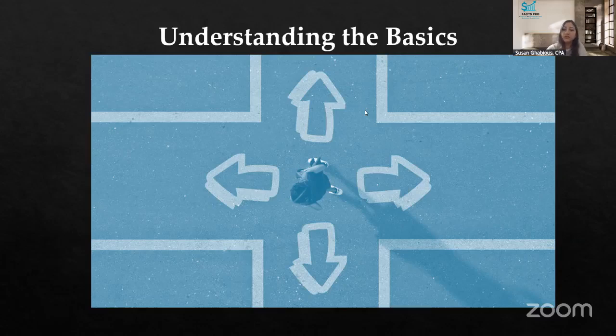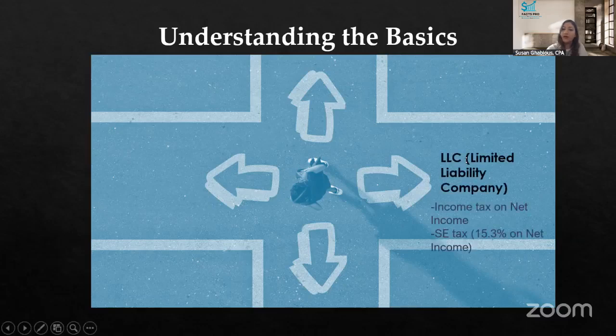First thing you do is a sole prop, or LLC, limited liability company. It usually starts like that. If we're talking about you being single, one person having one entity, you have a sole prop or you have an LLC, limited liability company.